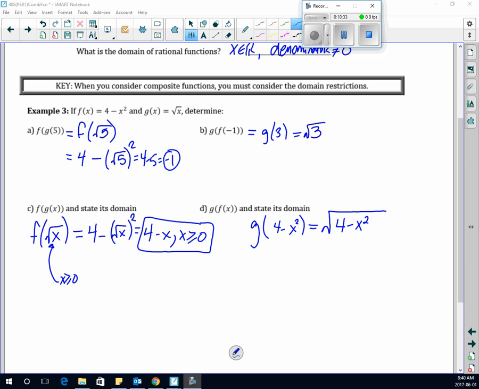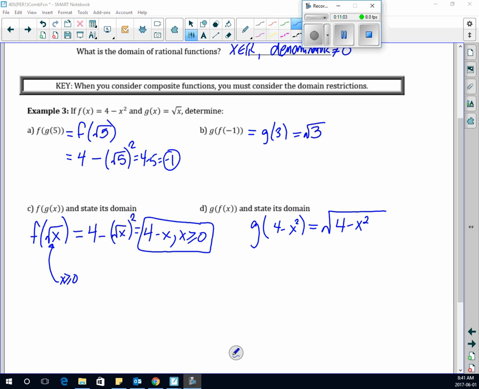Going back to that. So now we don't have to worry about x having to be greater than or equal to 0, right? Because what went in there is the restriction is the radicand has to be greater than or equal to 0. So there's a difference, I guess, is what I'm trying to say. The previous one going in had a restriction of x greater than or equal to 0, the radicand there. So that follows through.